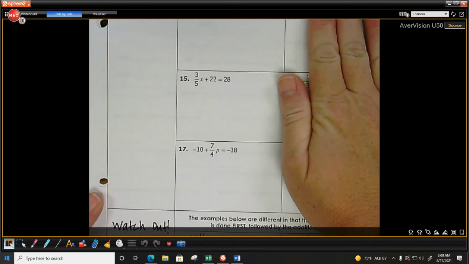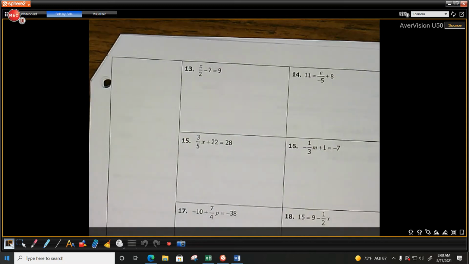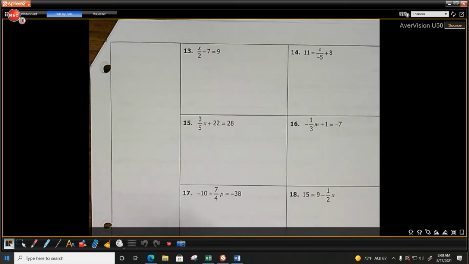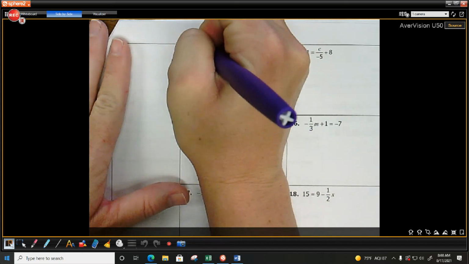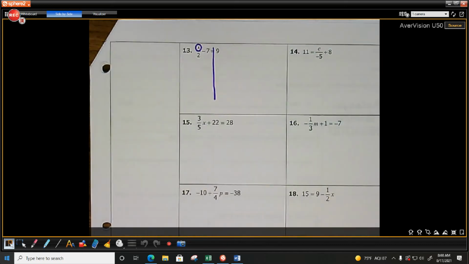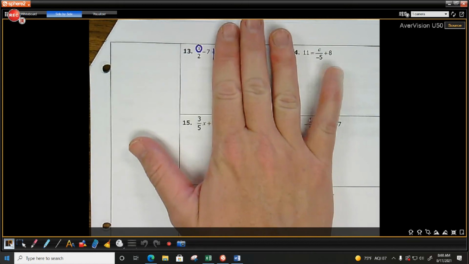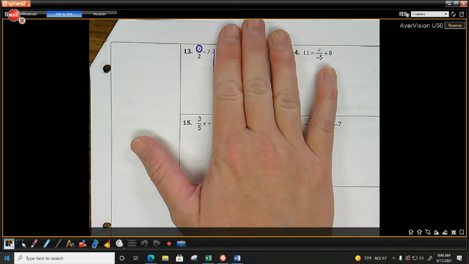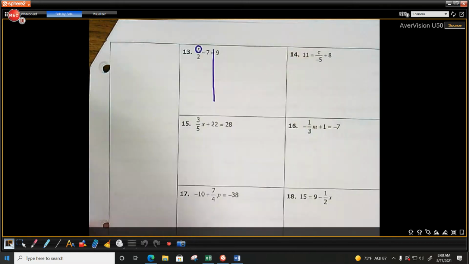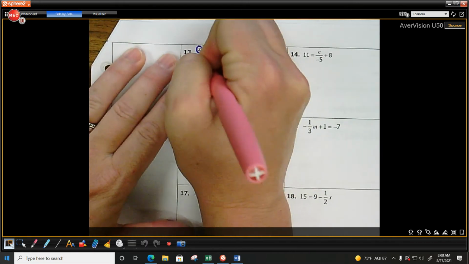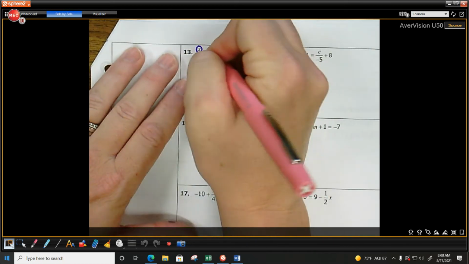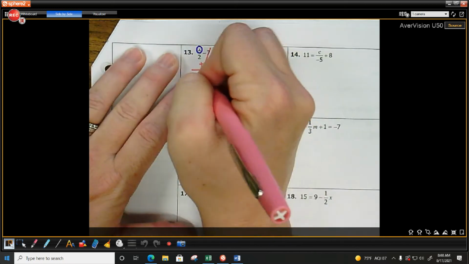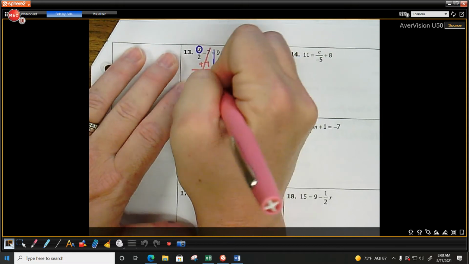Draw your line through the equals. Circle your variable. What number is on that side with the x that's not glued to the x? The negative 7. How do you get rid of a minus 7? Plus 7. We add or subtract our constants. Negative 7 plus 7 goes away, and I have x over 2 equals 16. Keep your x circled because x is still not alone.